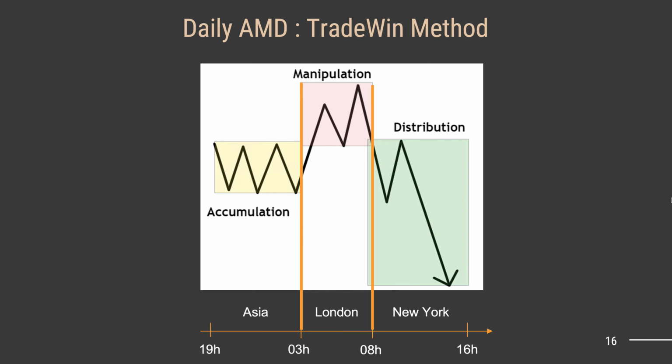So that's exactly what I try to explain here. So we already saw the bearish candle and it works exactly the same way to the upside. London makes the low and New York makes the high. That's what the daily AMD is about.